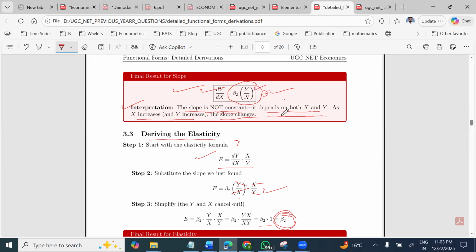It depends upon both x and y, right? If x increases, y will increase and the slope will change. This is not constant because in a linear model the slope is beta 2, which is constant. But this is a log linear model. Are you getting my point? It is linear, but log is there.